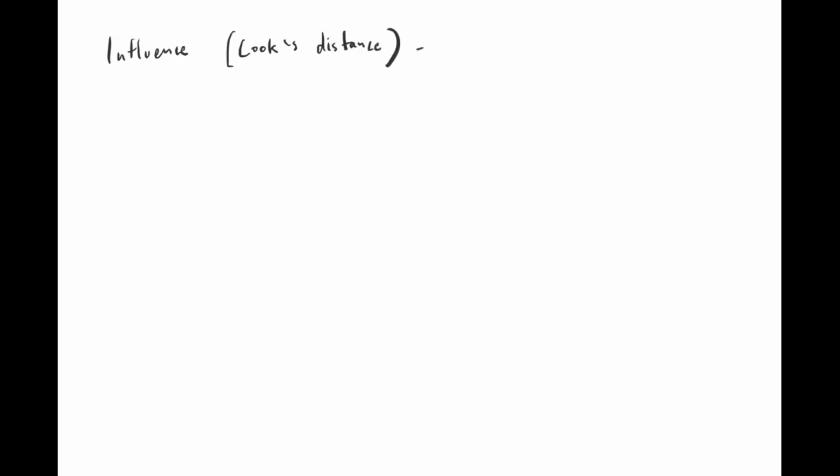So this is the effect of deleting a point. Okay, and I'll give the equation, but like most equations here, this is mainly for your reference. It's not something that you're going to be expected to memorize. So D_i is equal to, D_i standing for the distance for point i.